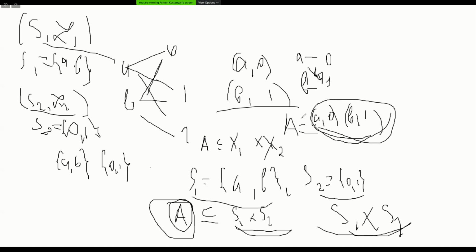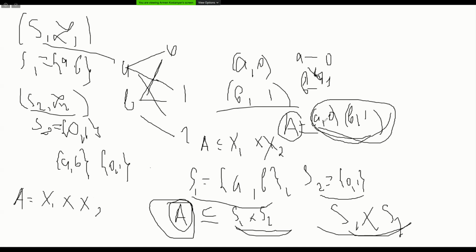And we need to prove that A is again an independent set. But for that we need to prove that A can be represented as a multiplication of two independent sets, x1 and x2. But it is not so. We cannot represent A together with 0 and B together with 1 as a product of x1 and x2.